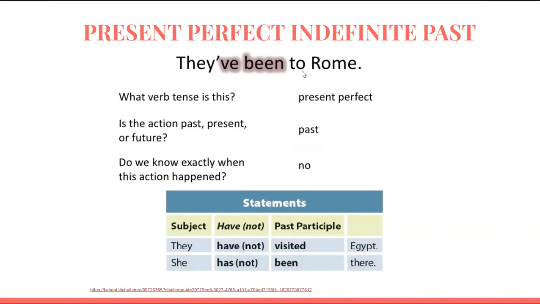So they could have been to Rome maybe just on a flight that flew over Rome. But if you say that they have been specifically in Rome, that means that they were in the city of Rome. Okay, that's the difference. Yes. Okay, thank you.